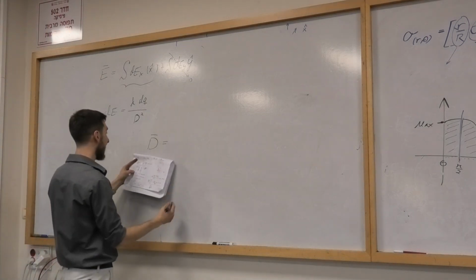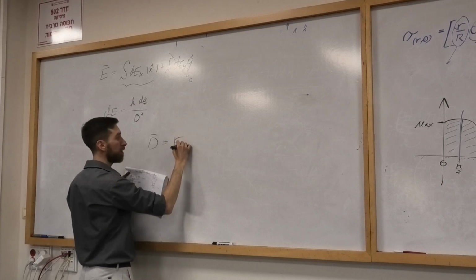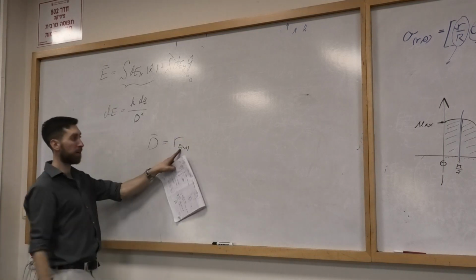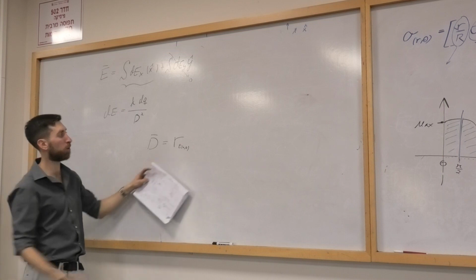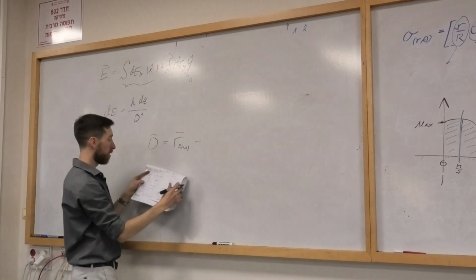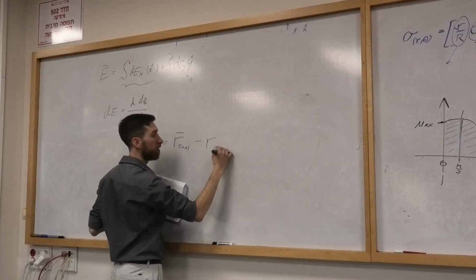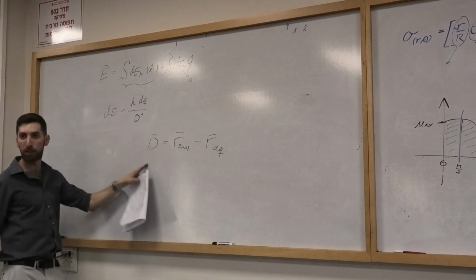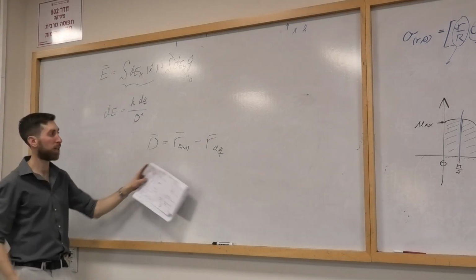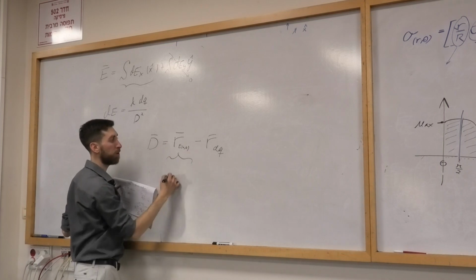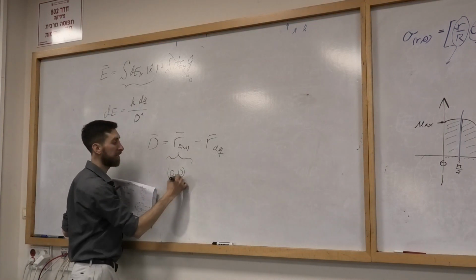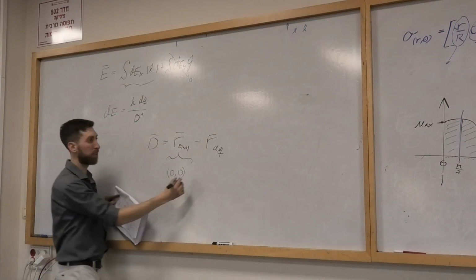The first one is where I want to find my electric field, which is where? E at (0,0). That's what I'm looking for. Minus where my charge is, dq. This is the vector d. This is what it's equal to. Where we want to find the electric field is at the origin, (0,0).